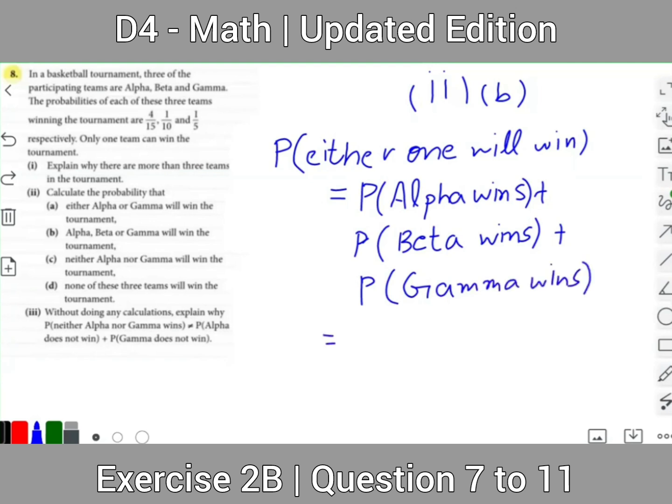Now the respective probabilities are already given in the question, and those are 4 over 15 plus 1 over 10 plus 1 over 5. And after solving, we will get 17 over 30, as we found in part 1. So the probability that either one will win is equal to 17 over 30.